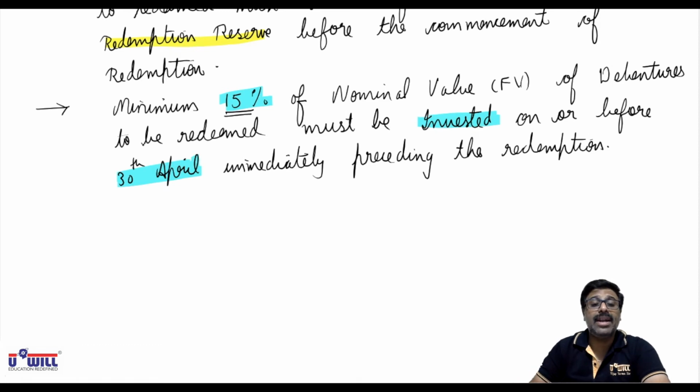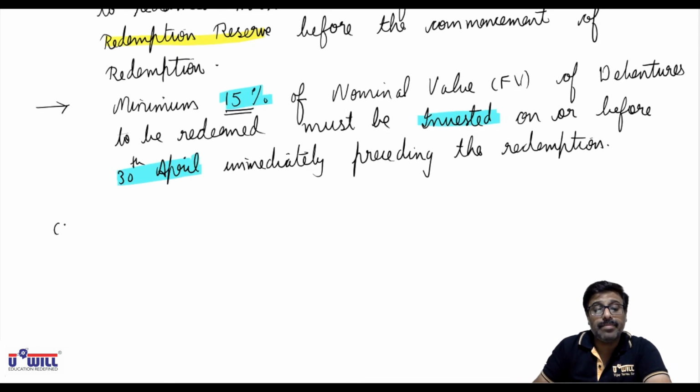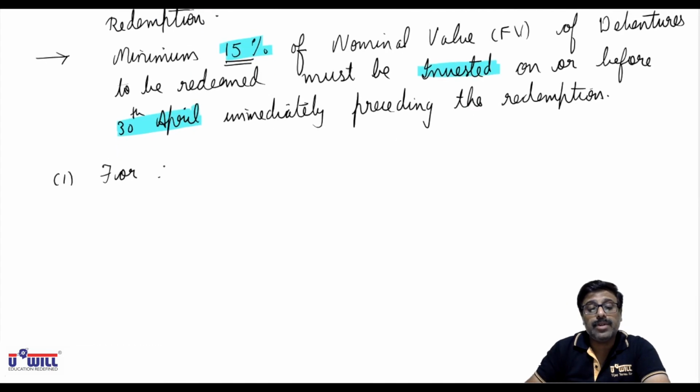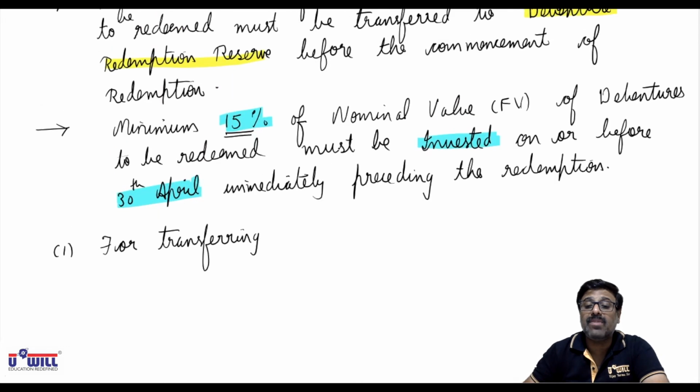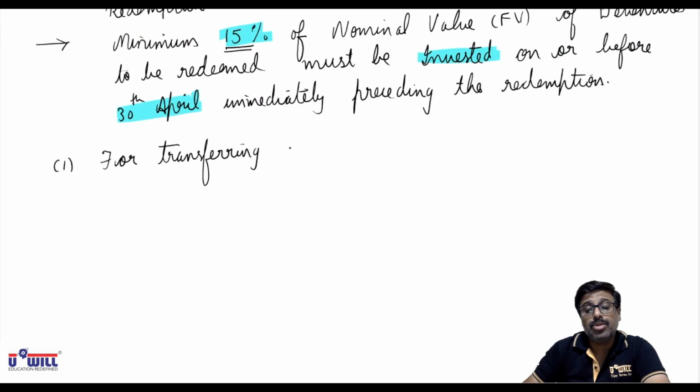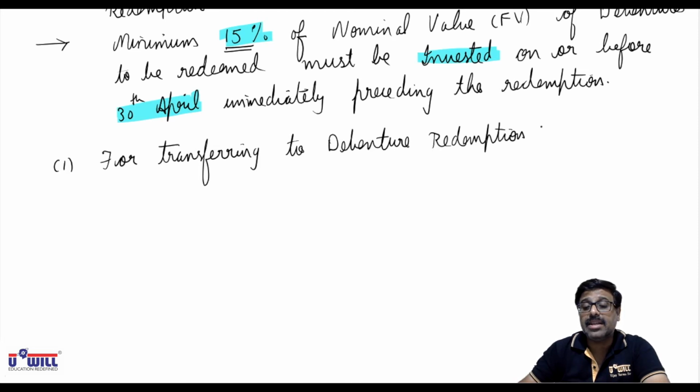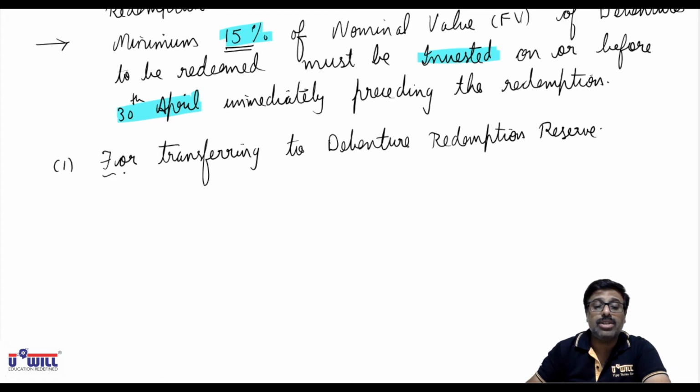So accordingly, understand what entries we will pass. For transferring the profits to debenture redemption reserve, since you keep aside the profits and transfer to debenture redemption reserve, you will debit profit and loss account.